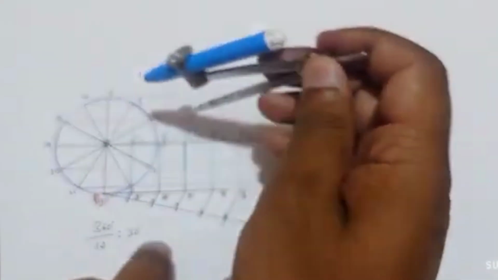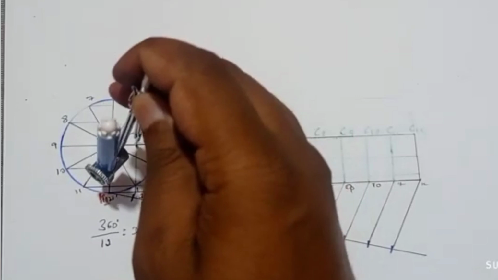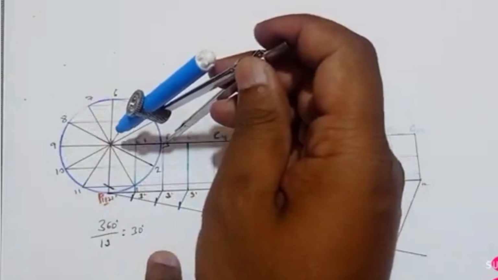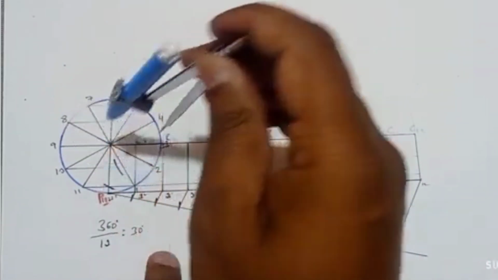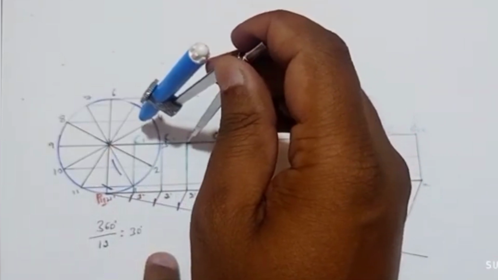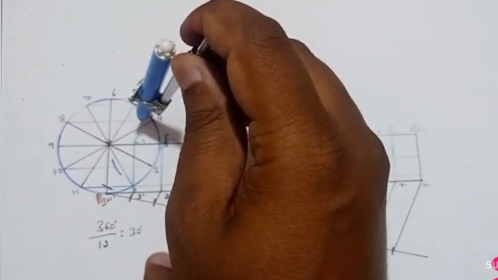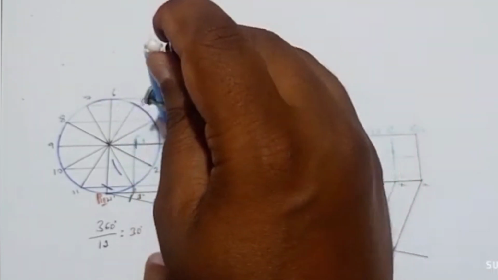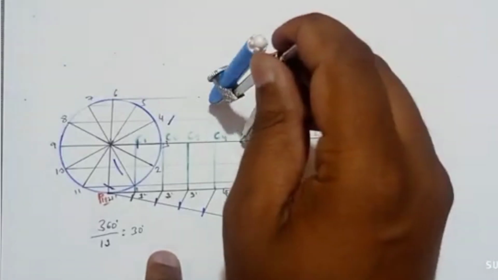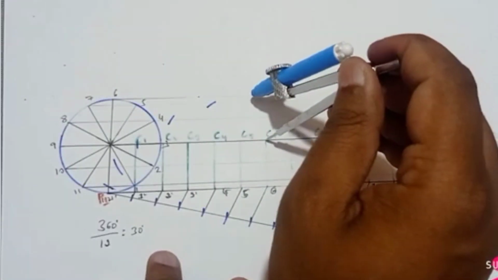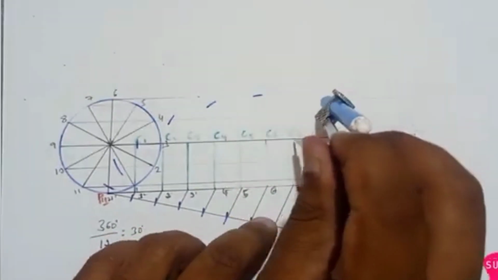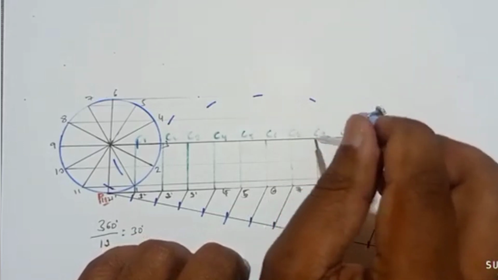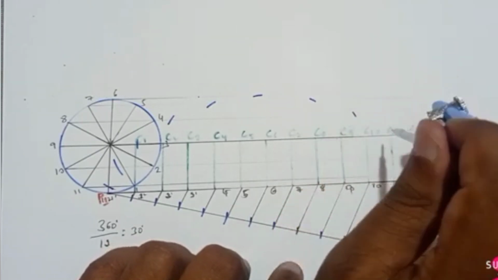Then from this point C1 we have to cut the arc on this, that is our C1, and then we have this P2, and then we have this C3 here, and then this point C4, then C5, then C6, then C7, then C8.